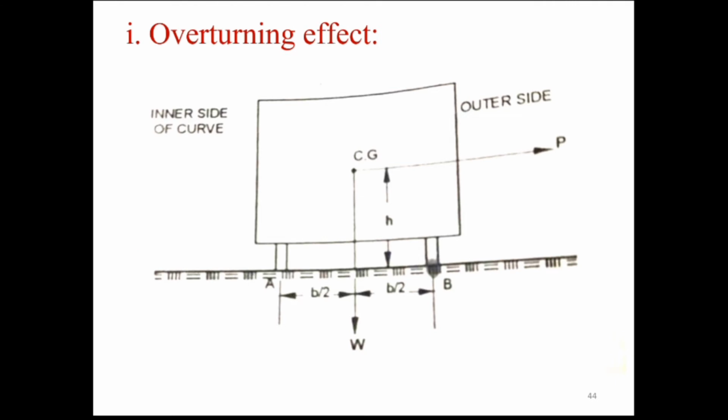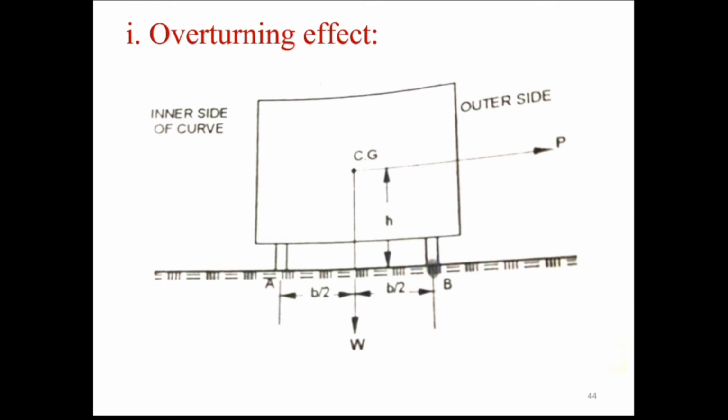Now first, we can see the overturning effect. If we see the figure, it shows the vehicle moving on a flat road. The points A and B are the two wheels of the vehicle, and the point at the center is the center of gravity at a distance h from the top surface of the road, whereas the center to center distance of wheels A and B is b, which can be seen from the figure.